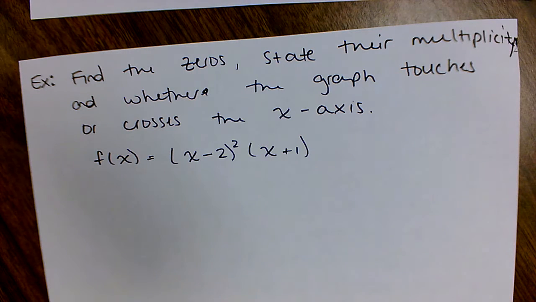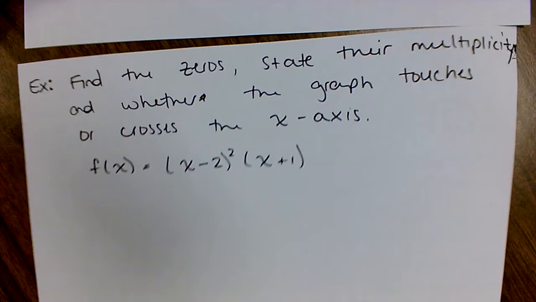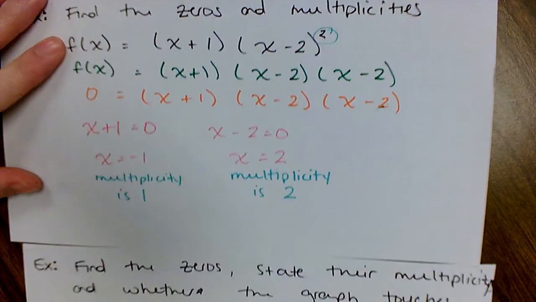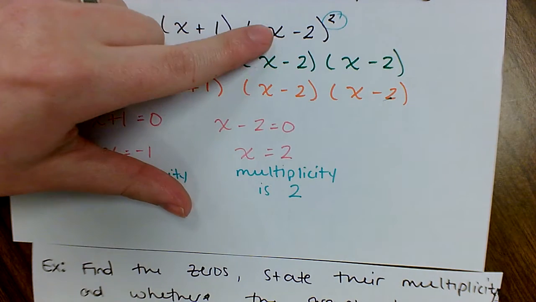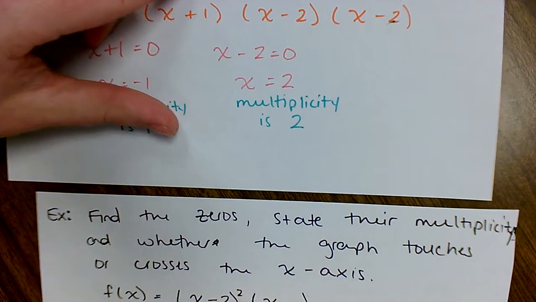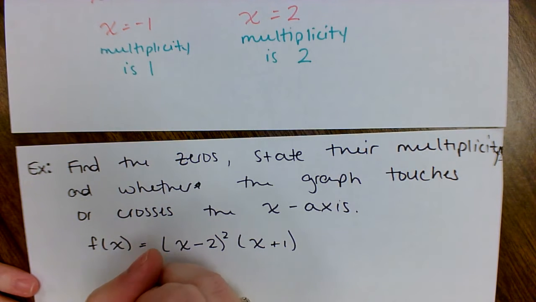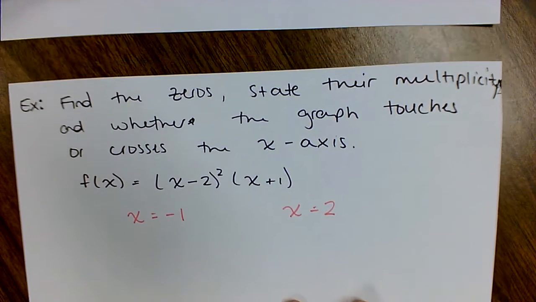So this is actually the same example we just did a minute ago. Okay, back up here. It's the same function. I wrote it in a different order, sorry. x minus 2 squared, and x plus 1. So from right here, we found that our zeros were x equals -1 and x equals 2.